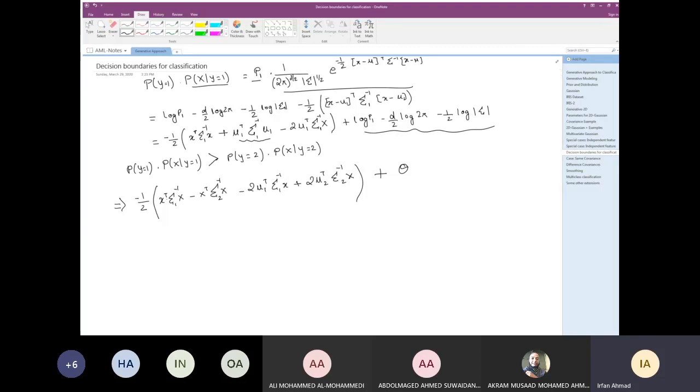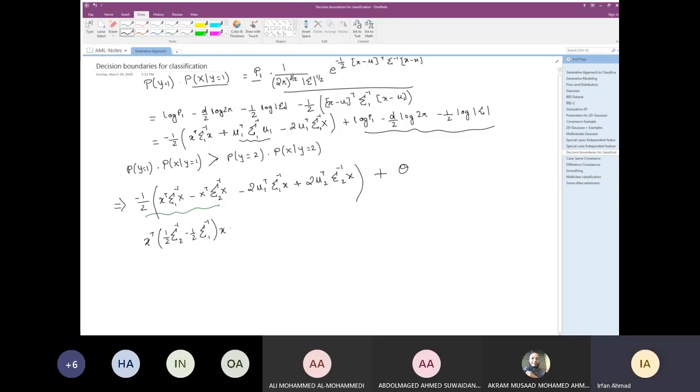If this is the case, let's try to understand it now. We have x transpose sigma 1 inverse x minus x transpose sigma 2 inverse x, and this is minus half here. Can we say this first part is nothing but x transpose, okay, you have half, and this is minus, so the sign gets opposite. So you say x transpose, half sigma 2 inverse minus half sigma 1 inverse x, right?